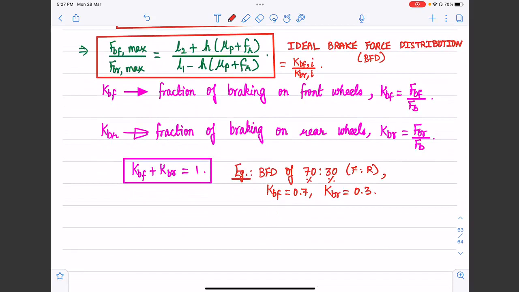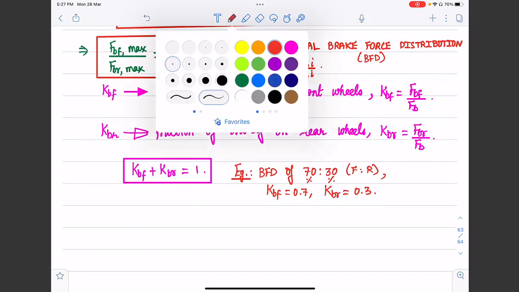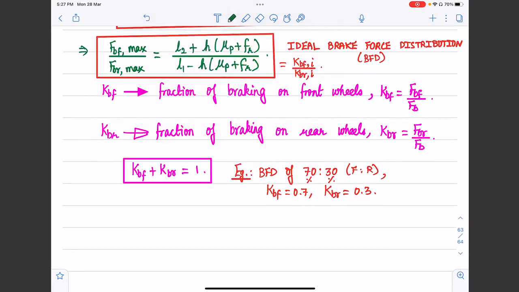So we can immediately observe something interesting. The ideal BFD depends on mu p, the maximum friction coefficient at the tire-road interface. If you look at the formula, we have mu p there.